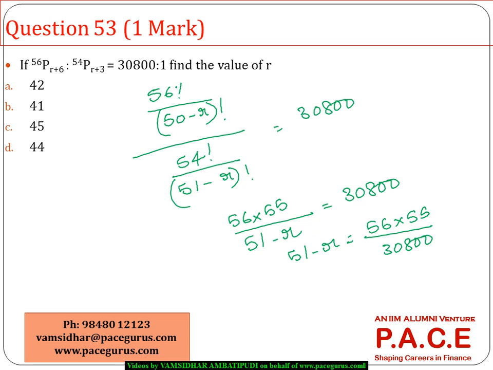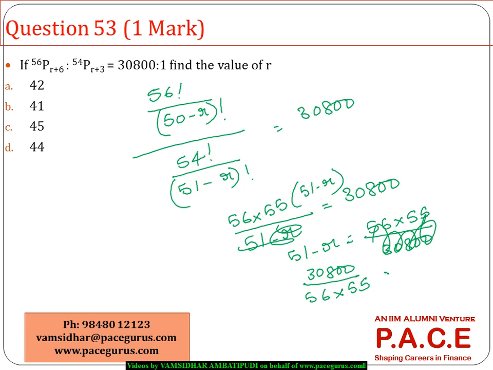56 factorial by 54 factorial, and in the numerator this becomes 51 minus r. So 51 minus r will become 30,800 divided by 56 into 55.